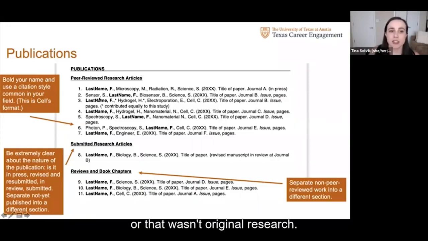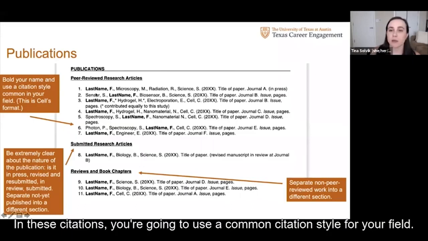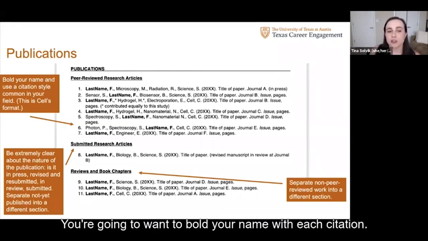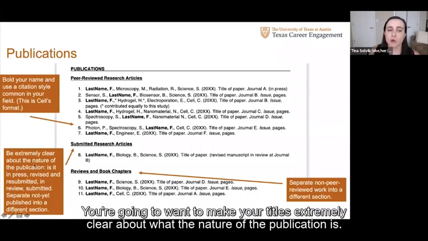In these citations, you're going to use a common citation style for your field. So here I followed the journal Cell's citation format, and you're going to want to bold your name in each citation. You're going to want to make your titles extremely clear about what the nature of the publication is.